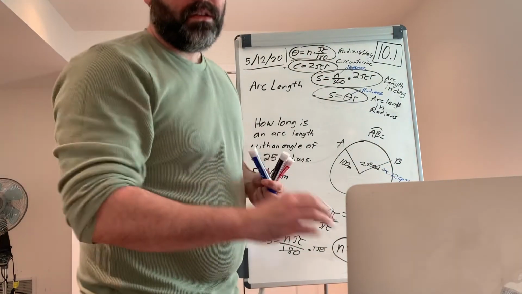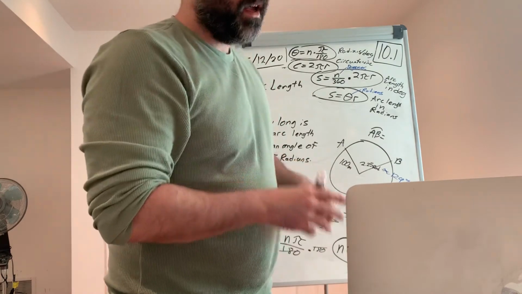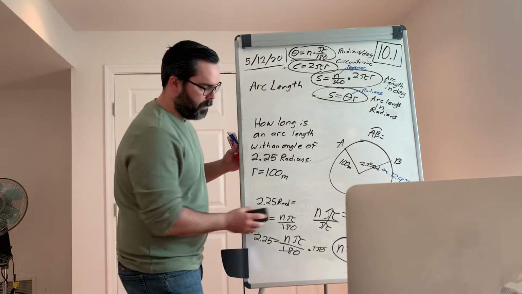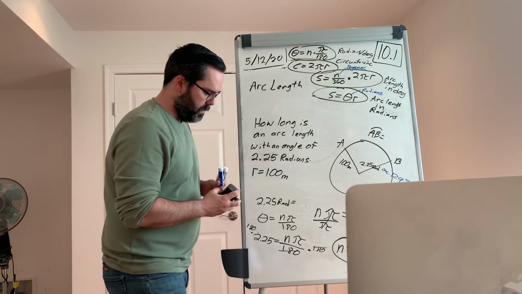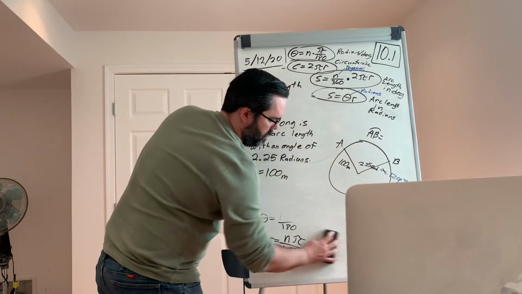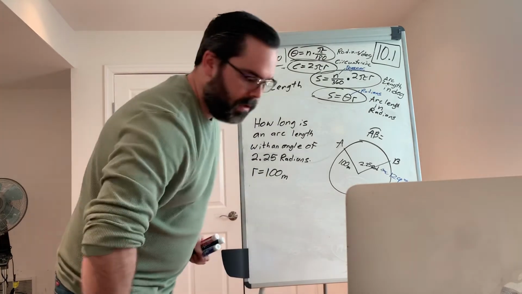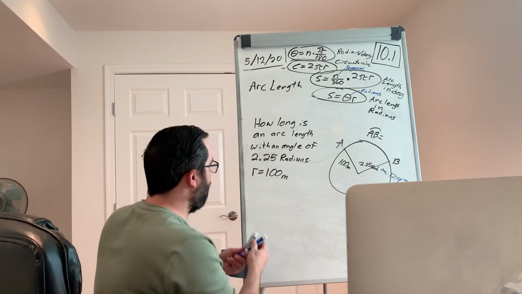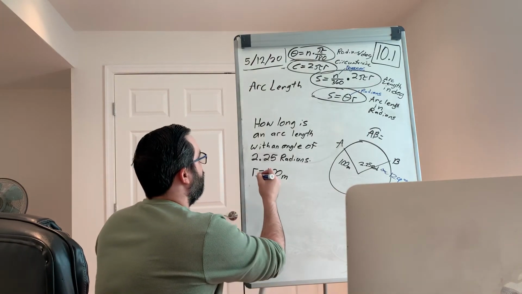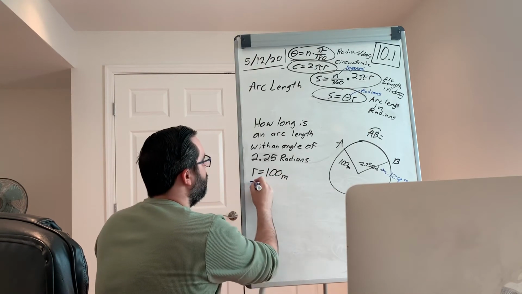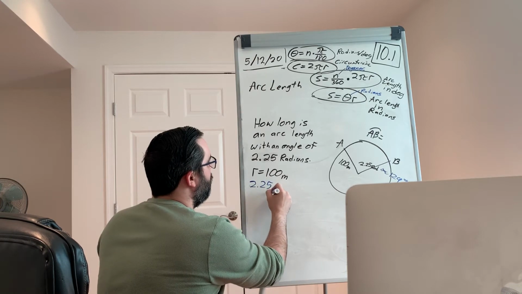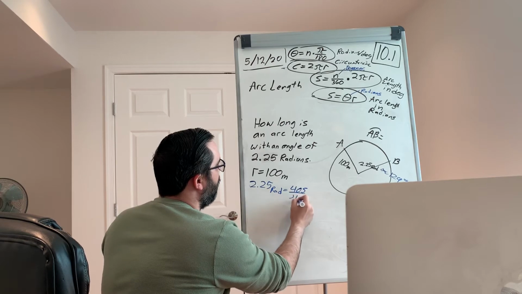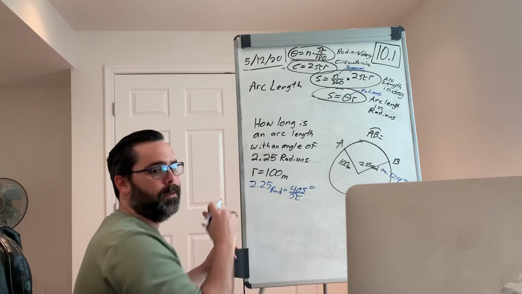Okay. So now that we have it in degrees, we can use that to find the arc length. So I'm going to erase this. So now that we know it's 129 degrees, or 405 over pi, 2.25 rad equals 405 over pi degrees. Okay, that's what we just found.